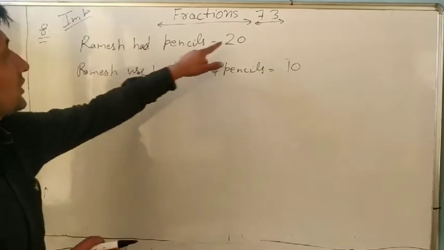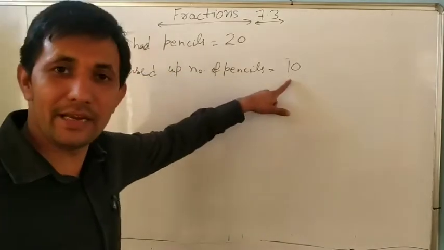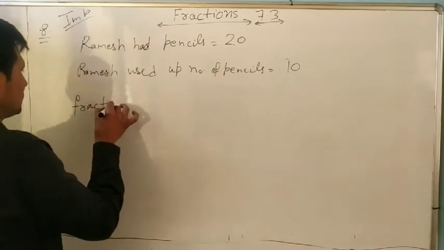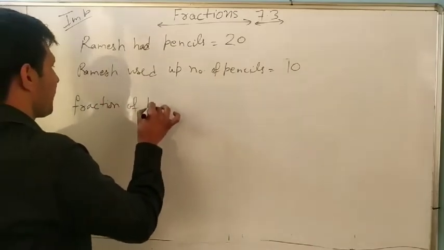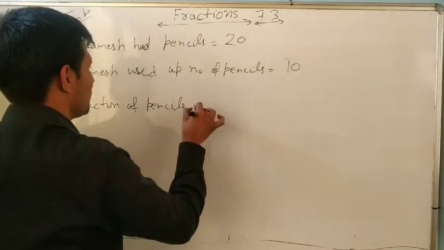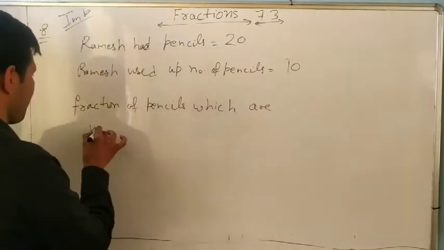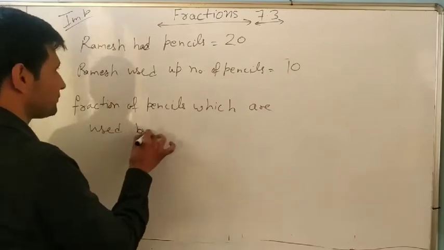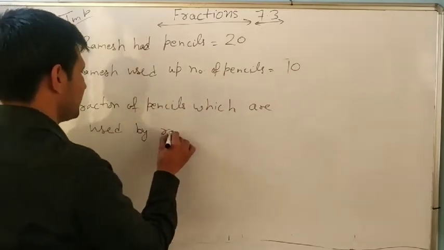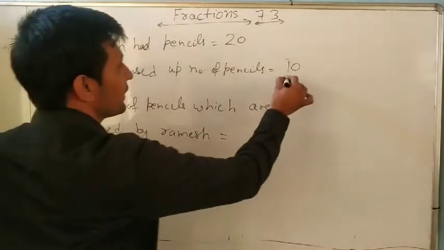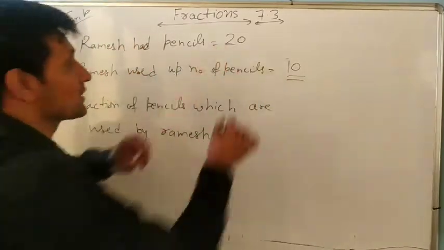So Ramesh has 20 pencils and used how much? 10. So find the fraction of pencils which are used by Ramesh. So how many pencils did Ramesh use? 10. And total is how much? 20.